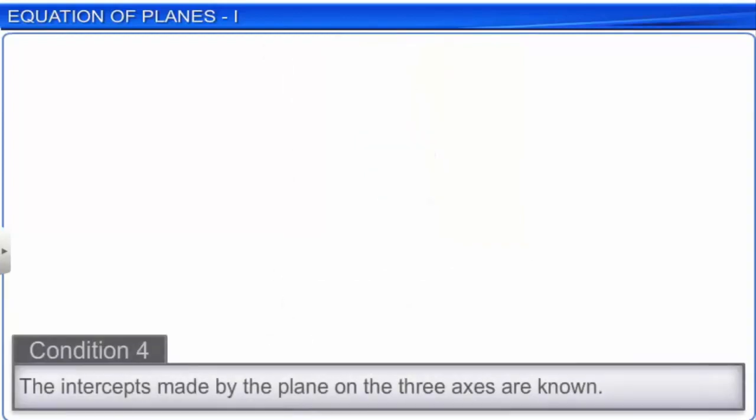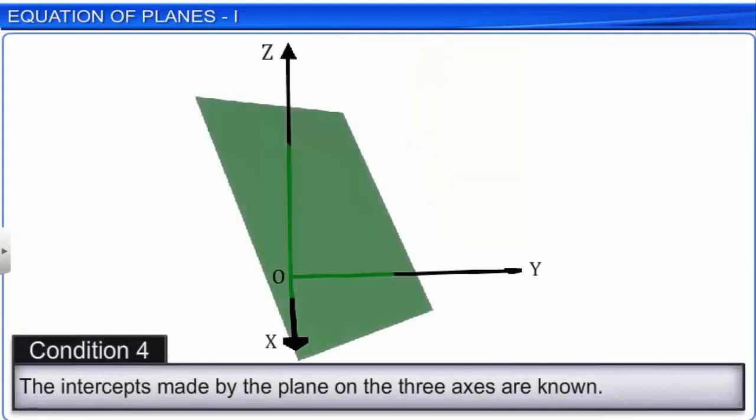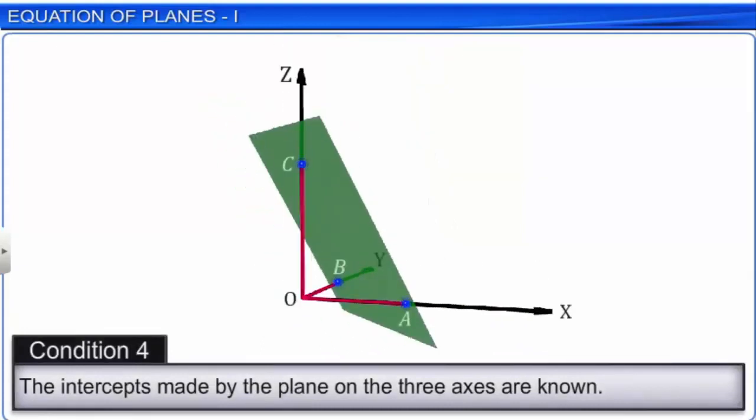A special case of condition 3 is that the 3 given non-collinear points through which the plane passes are points A, B, and C, where the plane cuts the x, y, and z axes respectively.